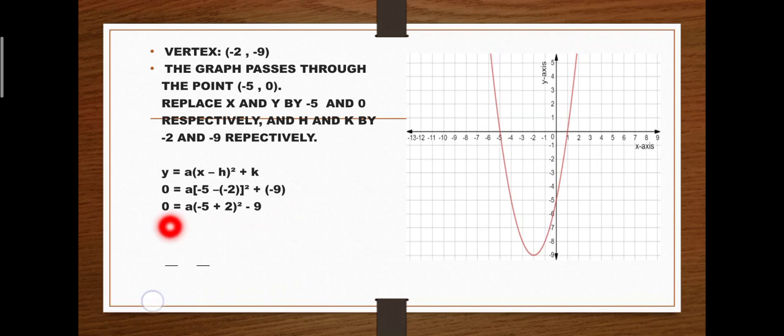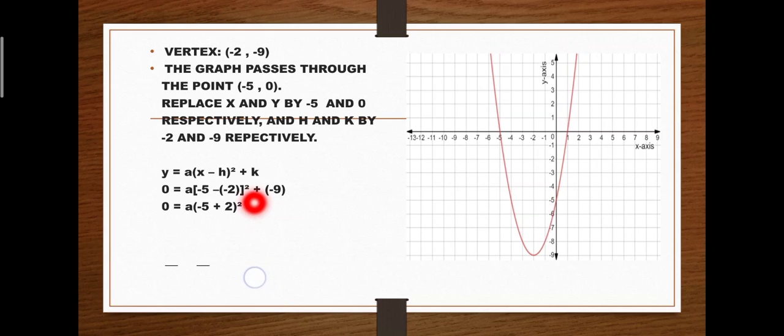Next is 0 is equal to, copy lang a, the negative 5, copy negative 5, the negative times negative, di ba, is positive. Kaya naging plus 2 squared. By the way, hindi pwedeng i-square mo directly yung negative 2 kasi yung a squared, dapat isolve mo muna itong nasa loob ng parentheses bago mo i-square, okay?